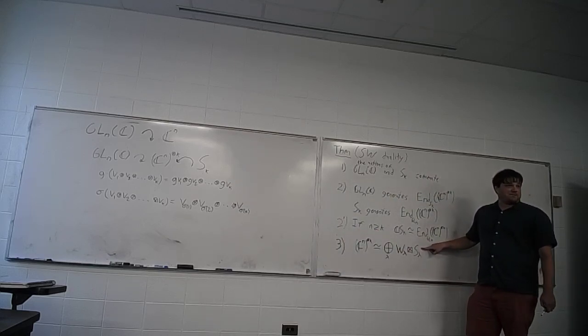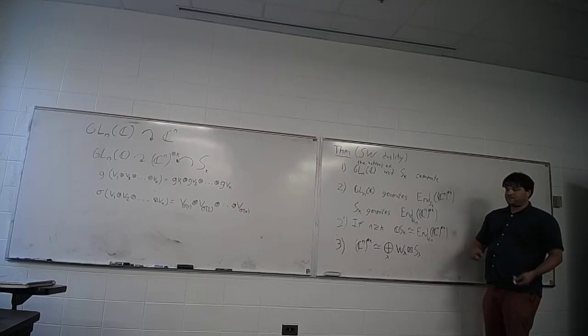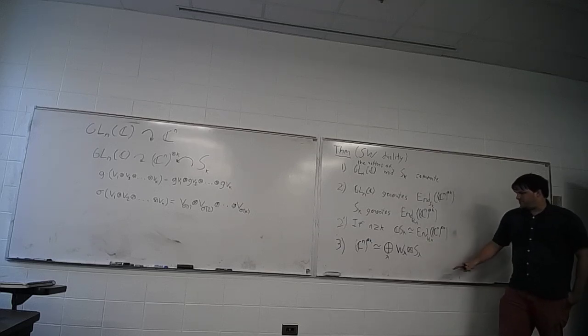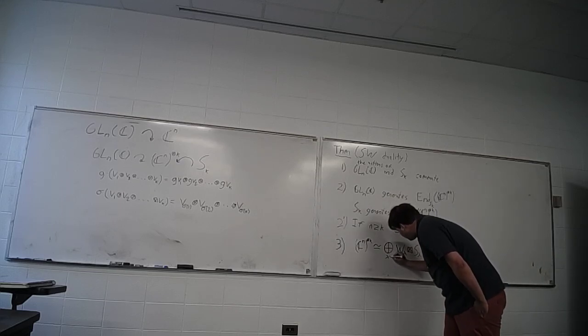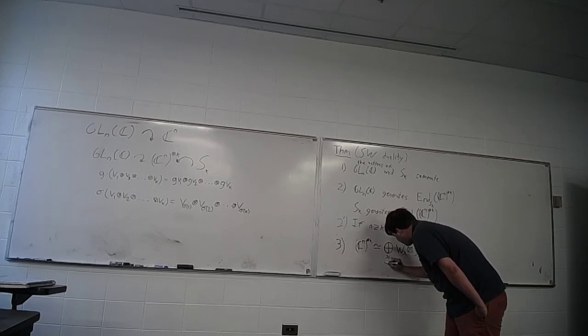And this is then the Specht module for the symmetric group. Right? And I should say, lambda here, in this case, is going to run over partitions of size k with less than or equal to n parts.